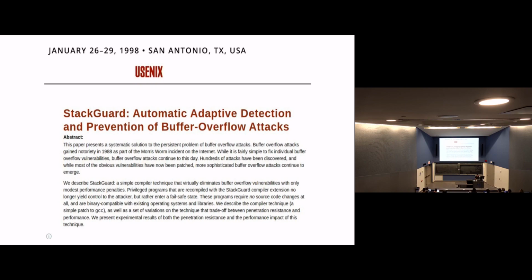Actually, 15 years after this paper was published, in 2013, it won the Test of Time Paper Award at USENIX Security. So 15 years after publication, they got an award.